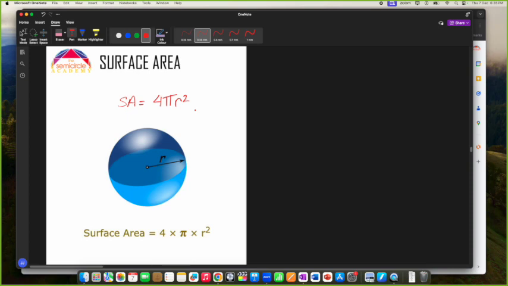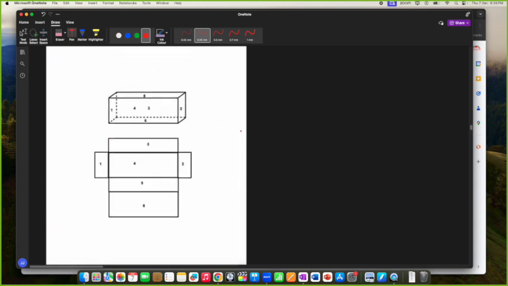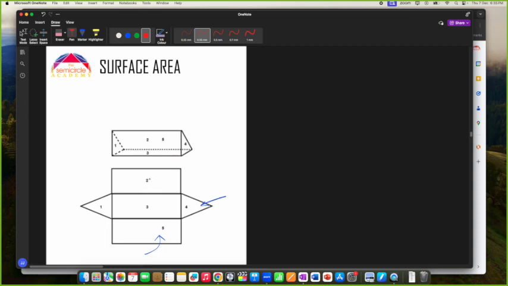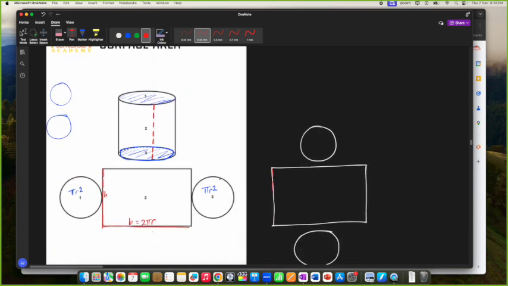Now, hardly anybody will remember the surface area of a sphere. I guarantee you that CSEC is not going to ask you for the surface area of a sphere. If CSEC is doing a surface area question, it'll be one of these that they're going to give you. You better pray that they give you this one. They might give you this one, but they like to bring this one.